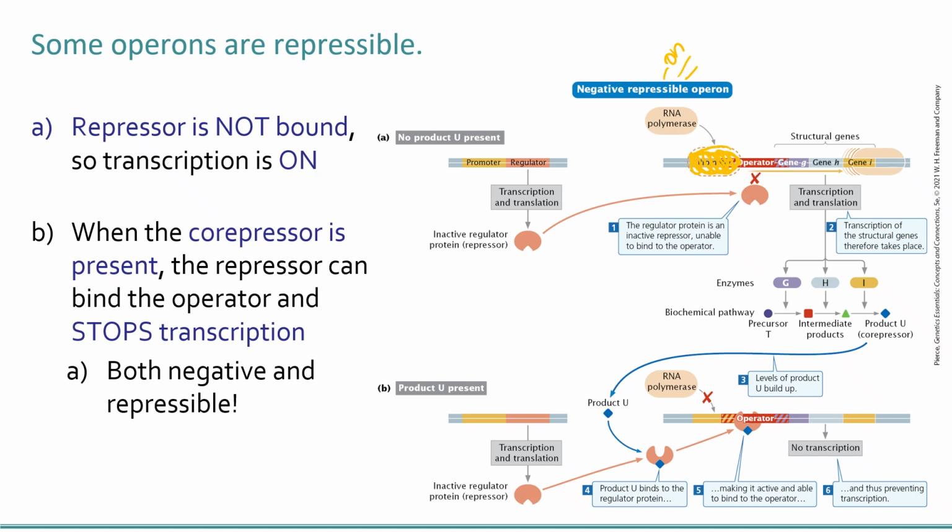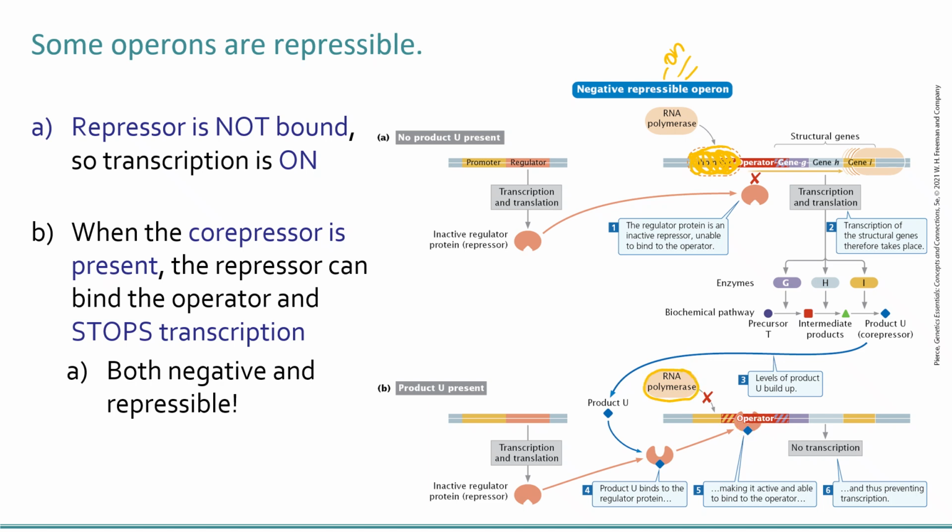However, if we have a regulator or a co-repressor bind to that regulatory molecule, now it is the right shape to bind to the operator. And when it binds to the operator, RNA polymerase cannot bind. So this molecule here is being blocked by this little operator.